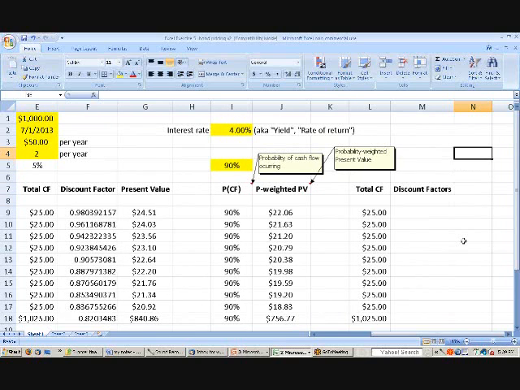So, for reasons that we will explain later, we're going to call this interest rate the discount rate. And again, for reasons we'll explain later, the discount rate is actually going to be composed of two component interest rates.